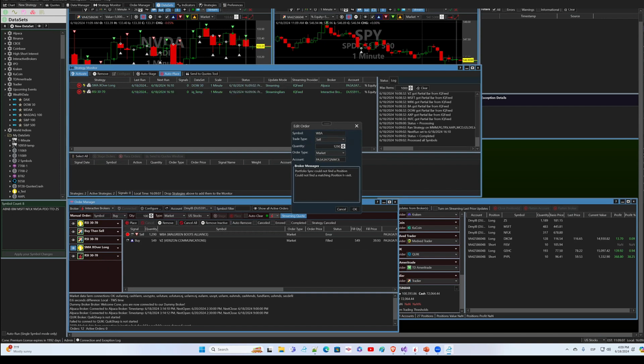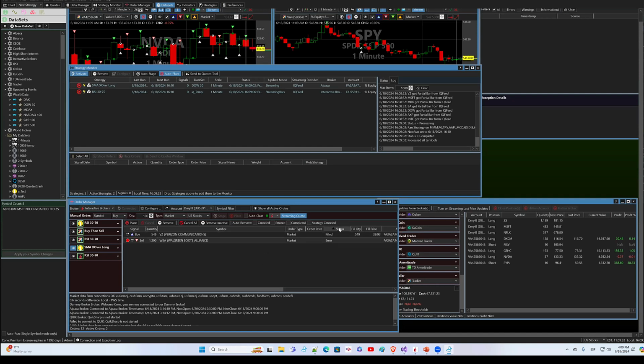Portfolio sync couldn't find a position to exit. WealthLab saves you. It says it couldn't find a position to sell. Even though it tried to sell 1,290 shares of Walmart here, the shares weren't there, because the backtest thought they were there, but in real life they weren't. So the order errored out. It's no problem.